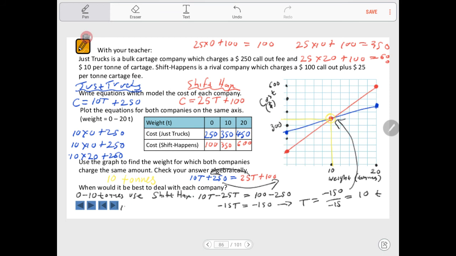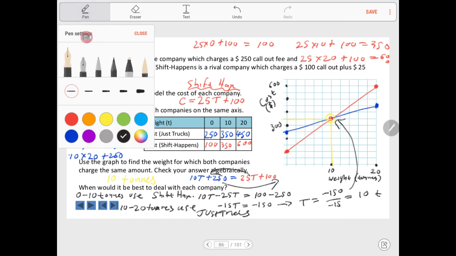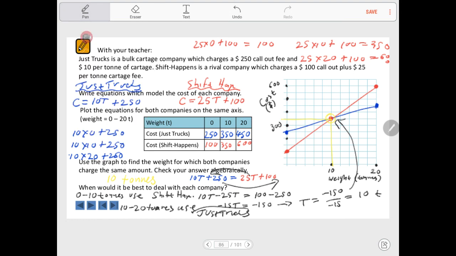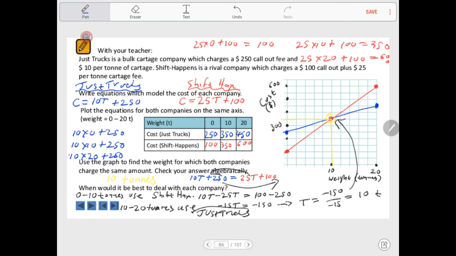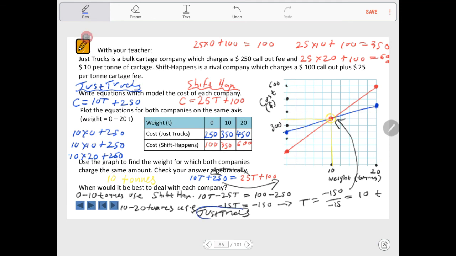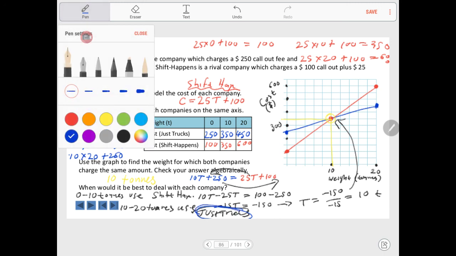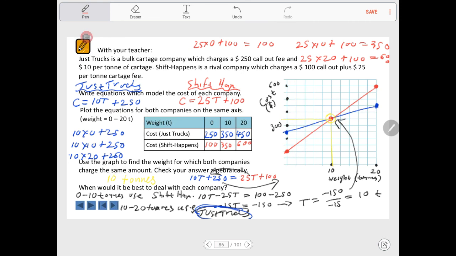But for 10 up to 20 tons, use Just Trucks. So go with the blue. If you're going to go above 10 tons, go with Just Trucks. But if it's below 10 tons, go with the red, go with Shift Happens.